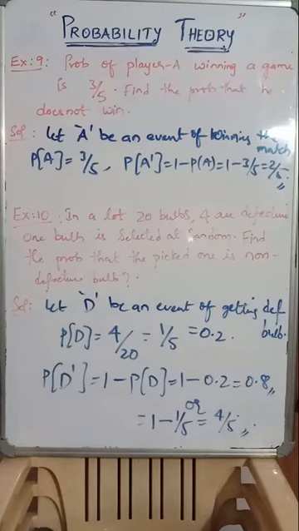That means from the total probability, if you remove the defective bulbs, the remaining are all non-defective bulbs only, no? Right? So the answer would be 4 by 5. Clear, guys? So this is the solution. Example number 9 and example number 10. Hope these two problems are clear. So let us have a few more problems.